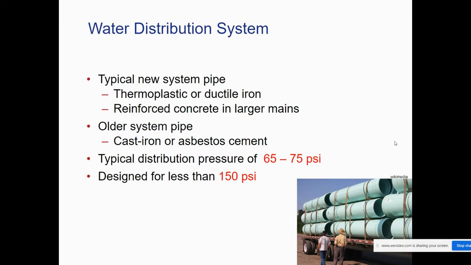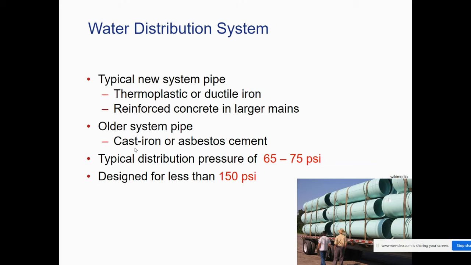All right, when you create a water distribution system, you use pipes. Nowadays, the material that's used is thermoplastic or ductile iron. Sometimes if it's a really large system in the major cities, you'd see reinforced concrete for very large mains. Older systems that are trying to be replaced are cast iron and asbestos cement.